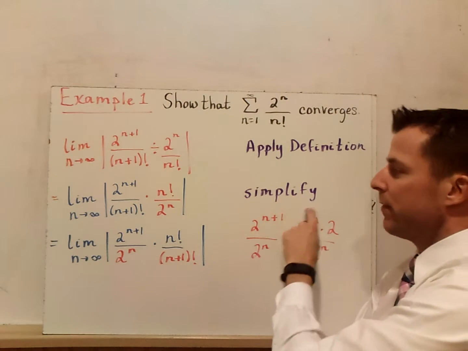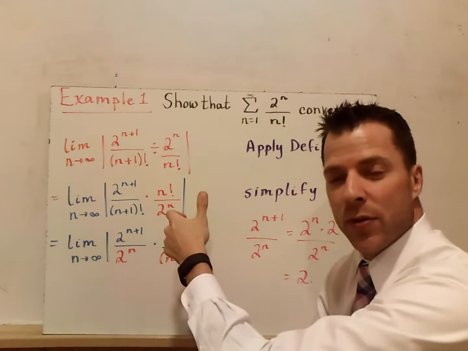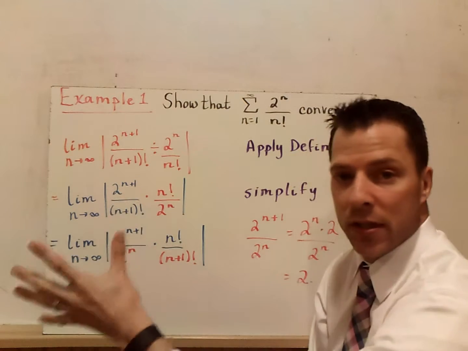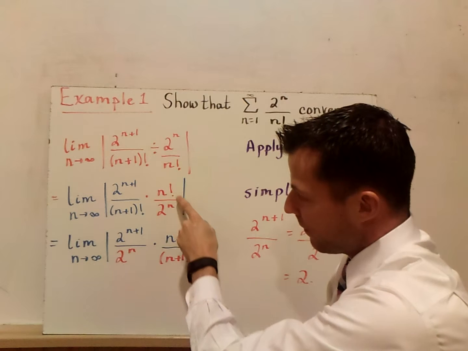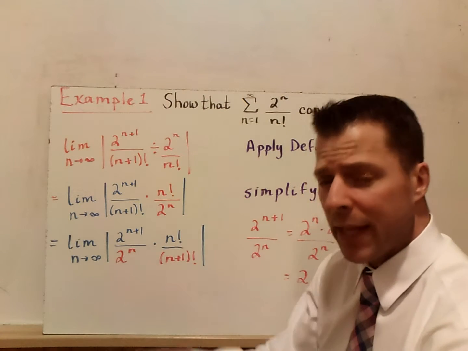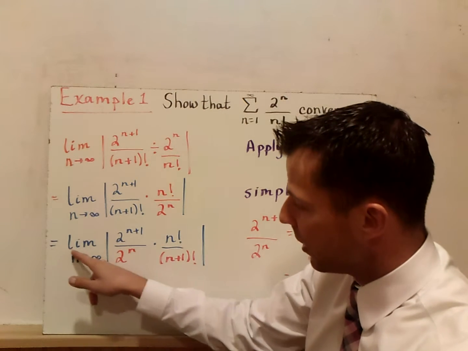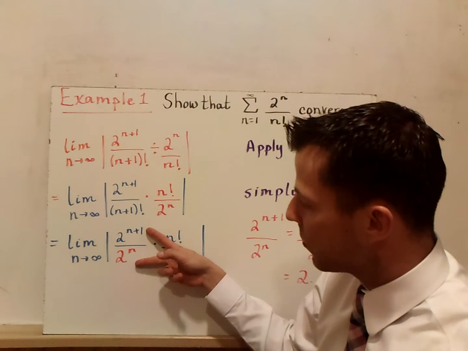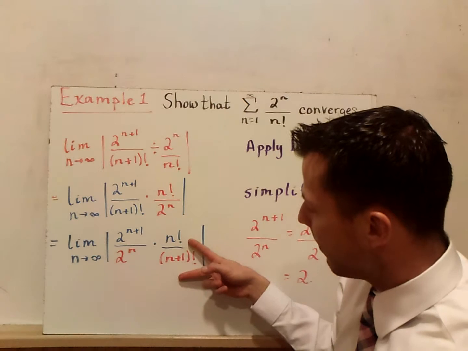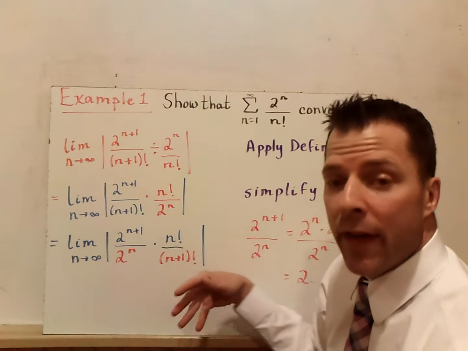Okay, so I'm going to simplify that, and notice in red, that's where the math is happening. What's in blue doesn't change. So I flip and multiply, so I have n factorial over 2 to the n. And now I'm talking about limits. So the limit as n approaches infinity, what I did is I matched up 2 to the n plus 1 over 2 to the n, and I matched up my factorials together.